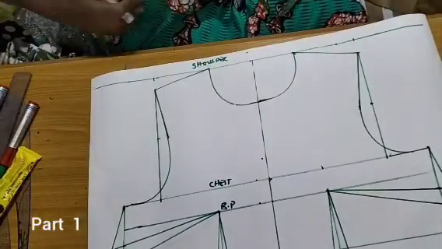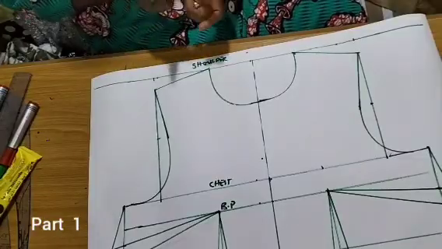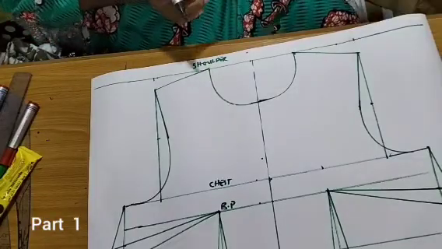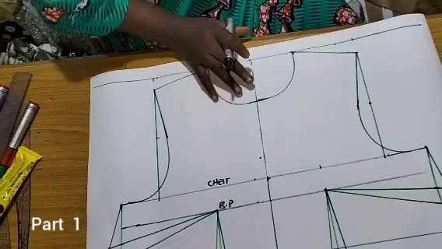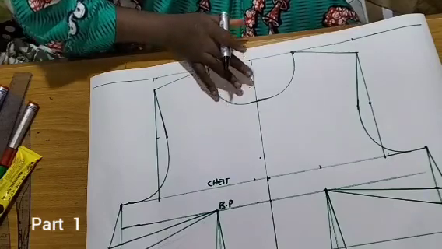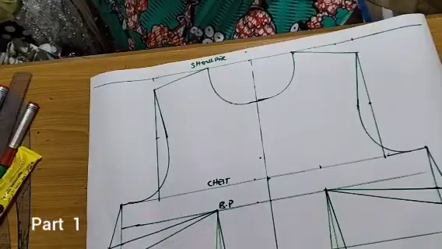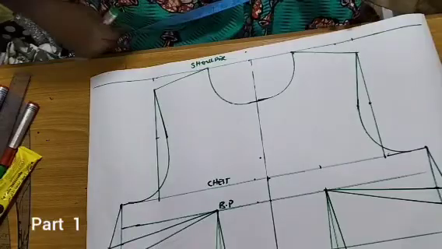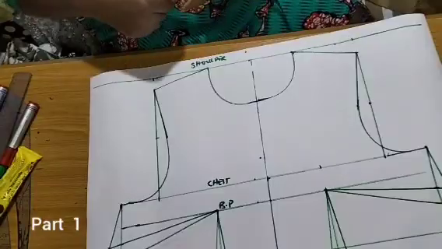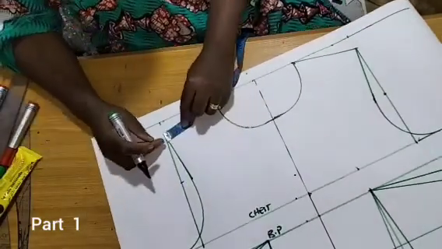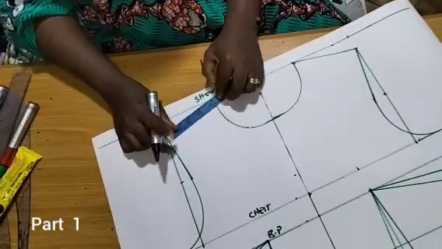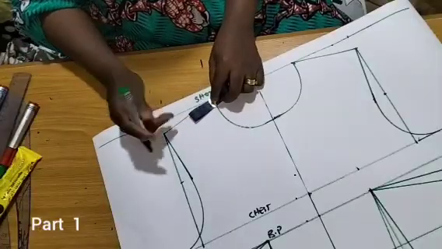So the first thing I'm going to do, I'll be dividing my shoulder seam line, which is the first thing we usually do when we are drafting our pattern. I just measure what I have on my shoulder and divide by 2.